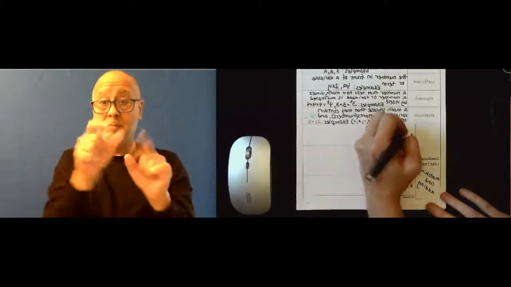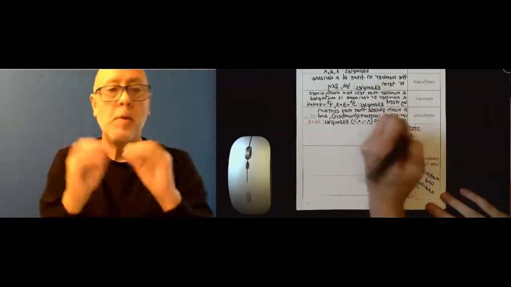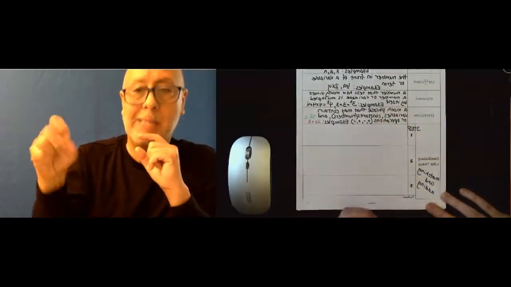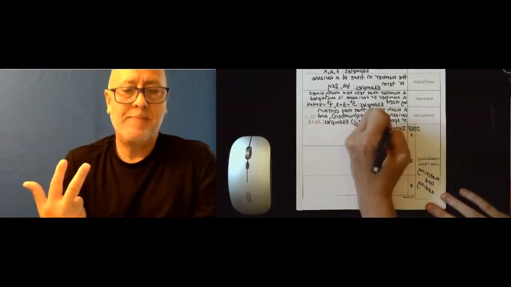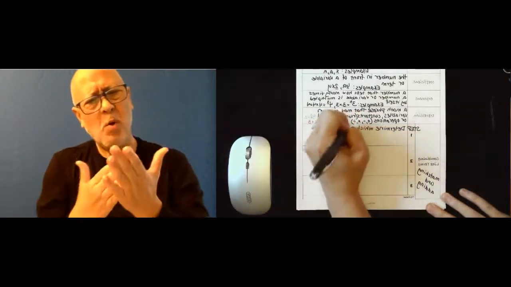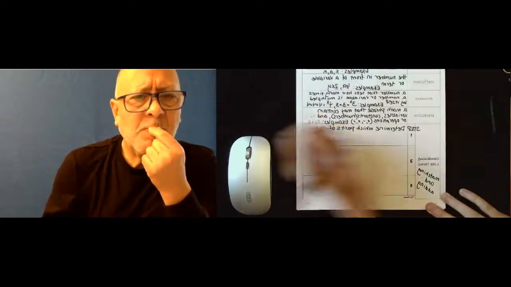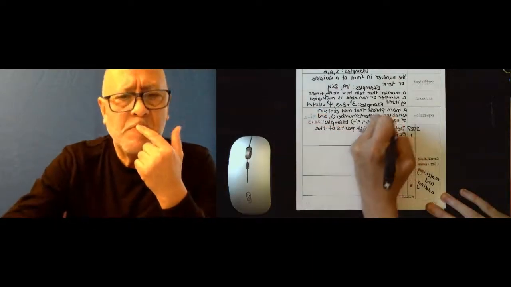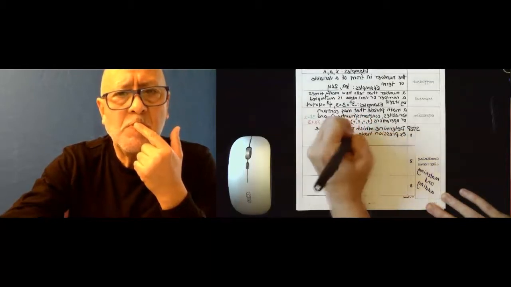So the first step, so these are steps. I would probably put the word step, so we know that it's step 1, 2, 3. So we're going to determine which parts of the expression have matching variables.